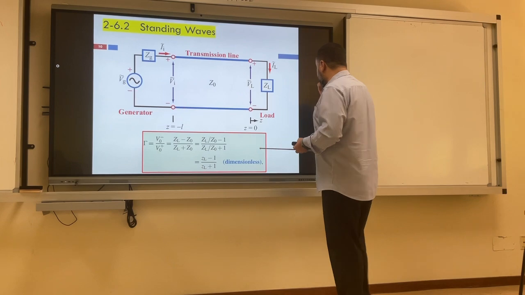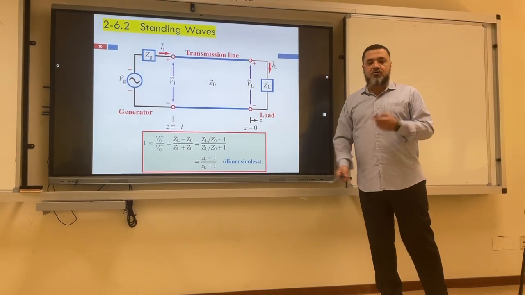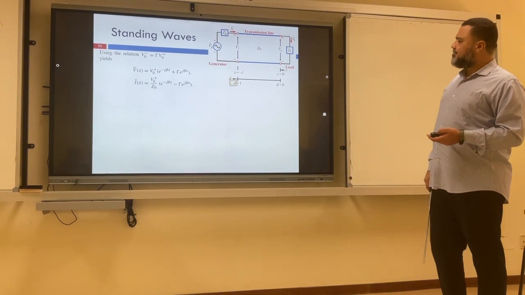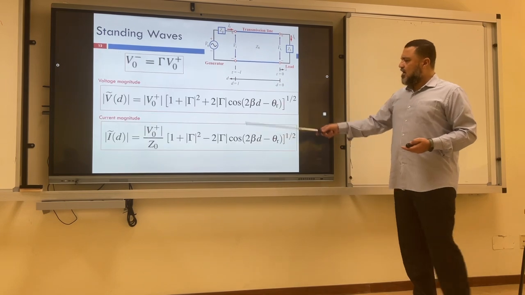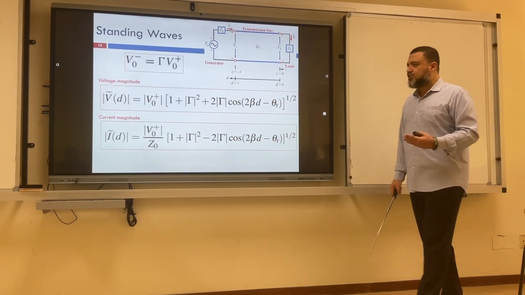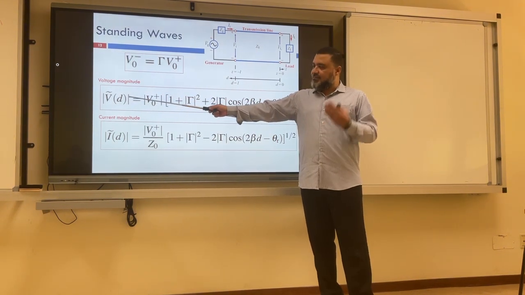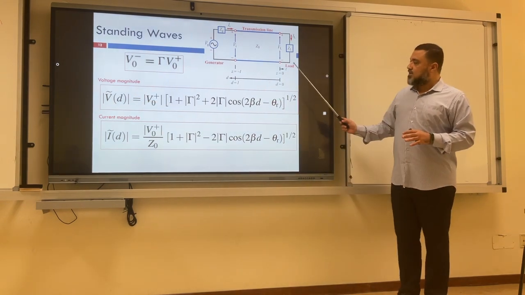We need now to understand how the standing wave behaves, or the relation between the standing wave and the two traveling waves, the forward wave and the backward wave. We have done a simple derivation last time, and we reached a very powerful equation, which is the magnitude of V of D. V of D is the magnitude of the voltage in the phasor domain along the transmission line.